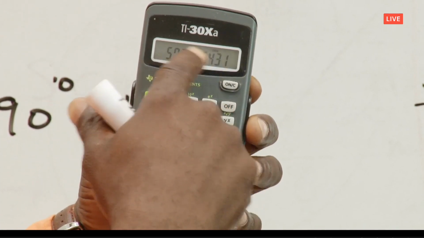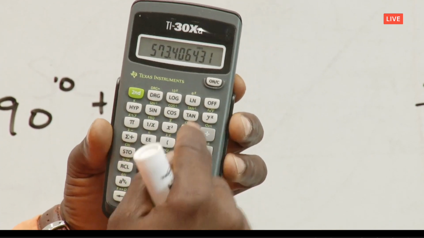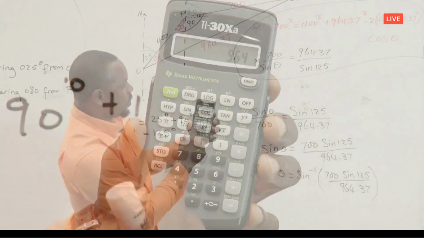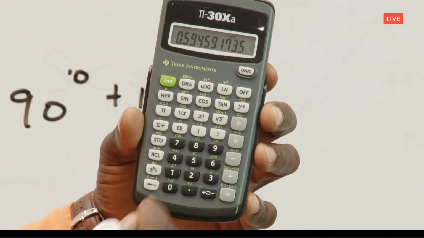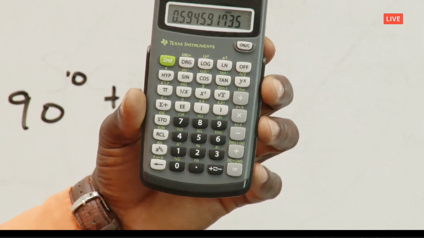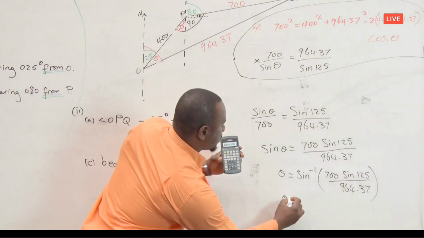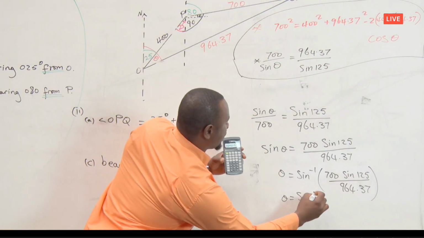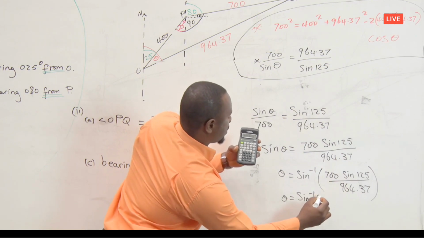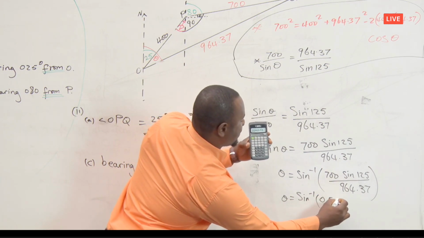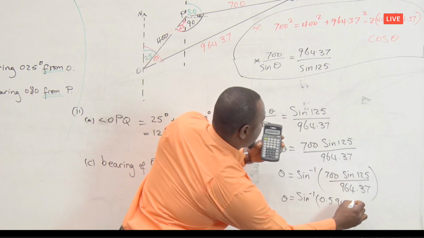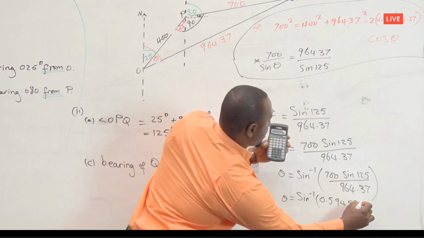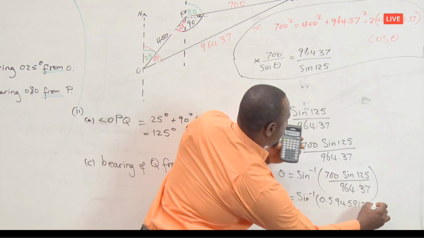Then I will take this result and divide it by 964.37. So I get this as my answer. So now my angle is equal to sine inverse of 0.5945917 and 5.